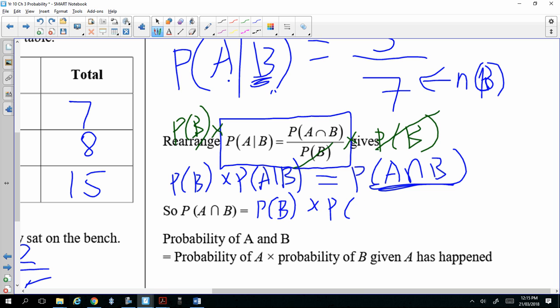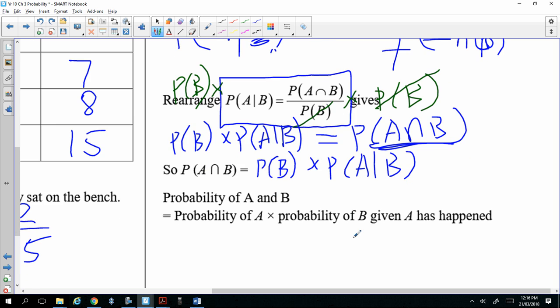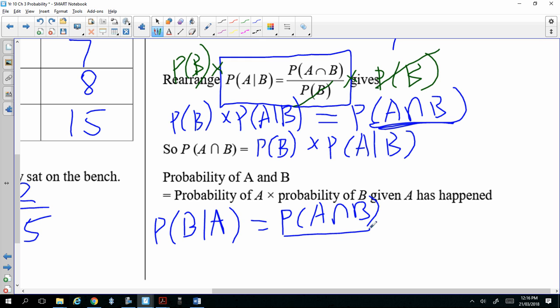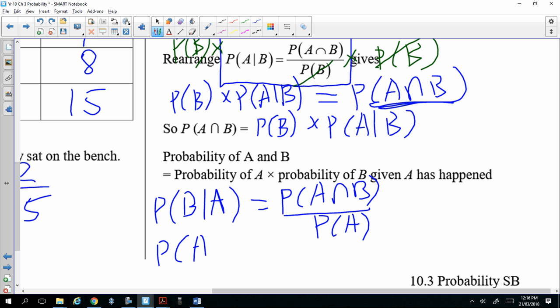It can also work that way, because if I write probability of B given A, that's equal to probability of A and B over probability of A. So you can also write probability of A and B equal to probability of A multiplied by probability of B given A. So it works both ways.